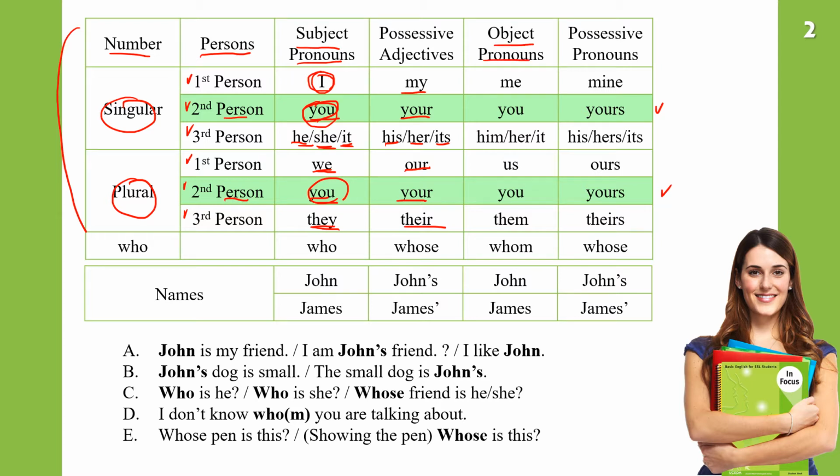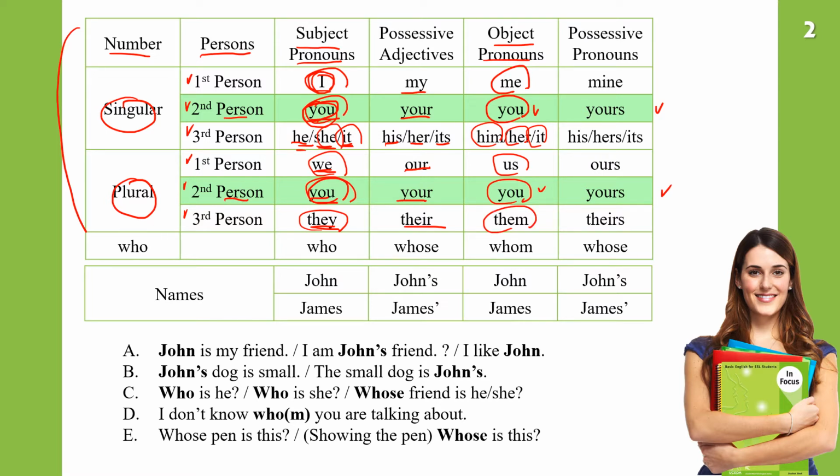Object pronouns are I, me; you, you. They're identical. He, him; she, her; it, it. We, us; you, you. Again, they are identical. They, them.